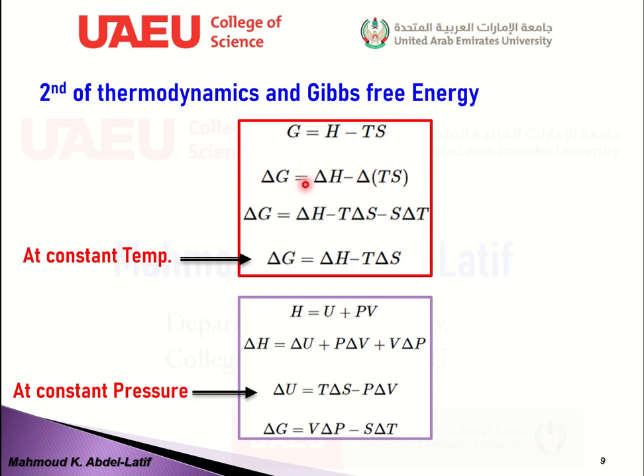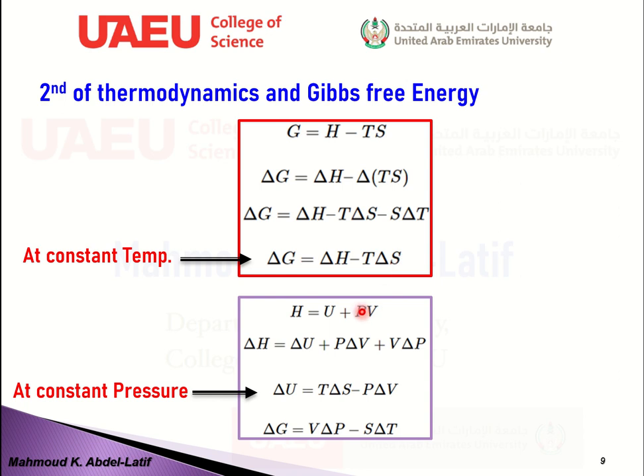Delta G equals delta H minus delta TS. Okay, if you do the derivatives, the change in delta G will be delta H minus T as a constant times delta S as a variable, minus S as a constant times delta T as a variable. So at constant temperature, this term will be 0, so we end up with delta H minus T delta S. Okay, great.